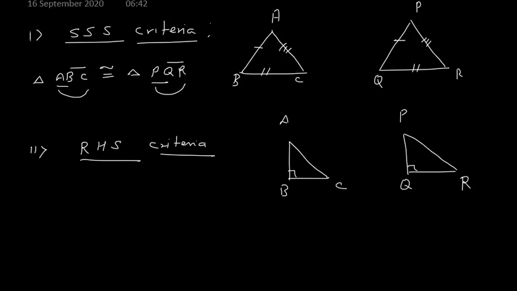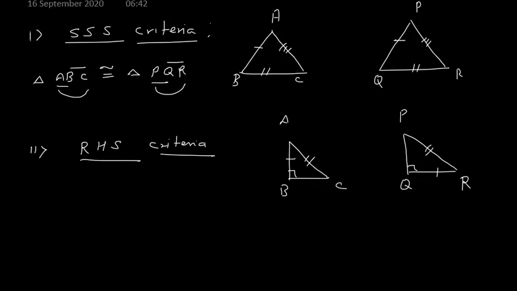Then I have hypotenuse AC equal to hypotenuse PR, and then any one side is congruent to any one side of the other triangle. So say AB is congruent to QR. So in that case these two triangles are congruent.